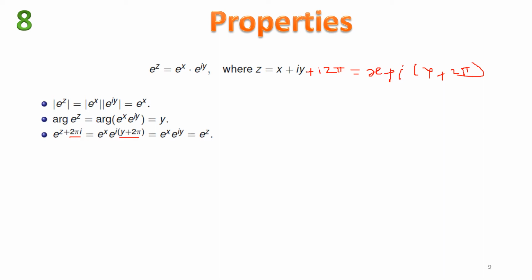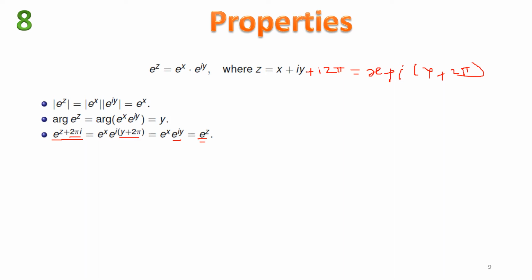So when we are adding 2 pi to the argument y, we reach y again, because our cosine and sine functions which are involved in the definition of e to the i theta equal to cos theta plus i times sin theta have a period of 2 pi. Therefore, we can take liberty to write that as e to the i y. So this returns back to the original function e to the z. So e to the z plus 2 pi i is equal to e to the z.